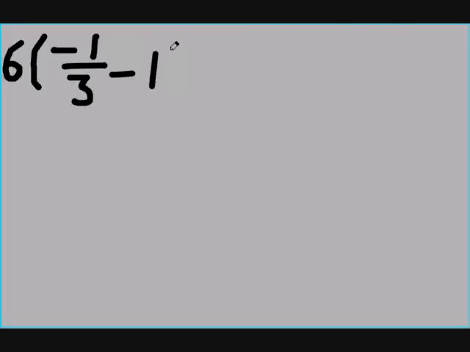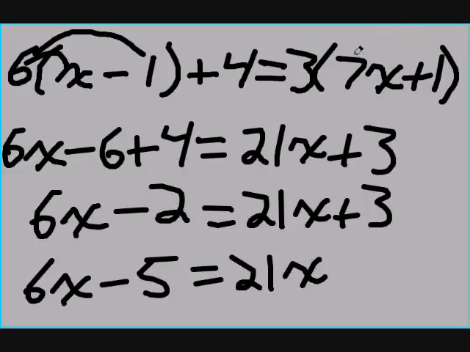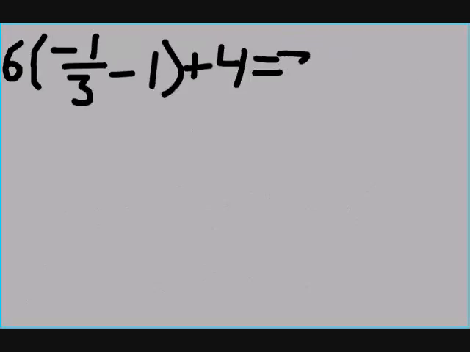So I take 6 times the quantity negative 1/3 minus 1, plus 4, equals 3 times the quantity 7 times negative 1/3.